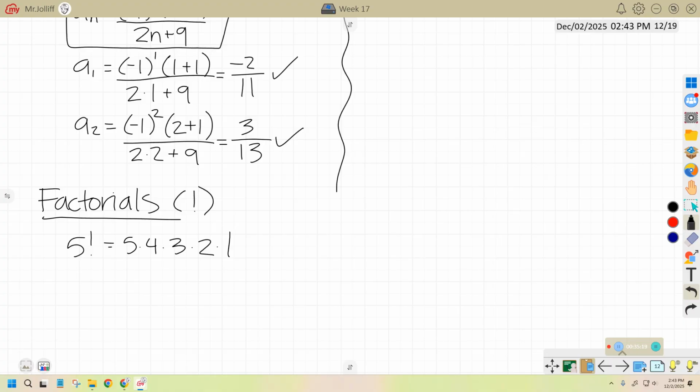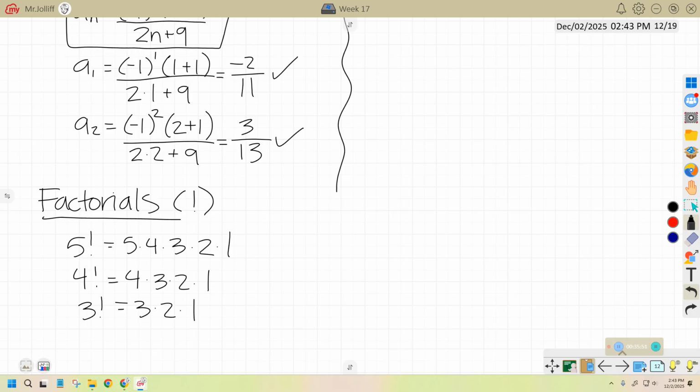Factorial function, that's what it means. 4 factorial is 4 times 3 times 2 times 1. What is 3 factorial? Yes, 3 times 2 times 1. We're only looking at counting numbers. We're taking the number, multiplying it by all the counting numbers less than it, all the way down to 1.